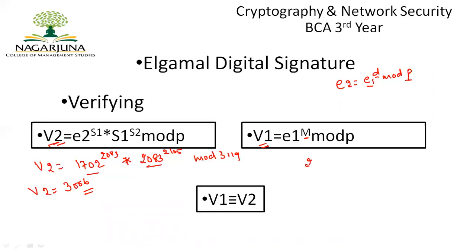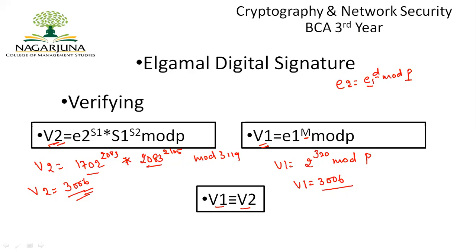So 2 to the power of the message that we have considered, 320, mod P. So V1 is equal to 2 to the power of 320 mod P. Again, this results in the value of V1 being 3006. So now we have to check whether V1 is congruent to V2. Yes, the V1 value is 3006 and the V2 value is also 3006.